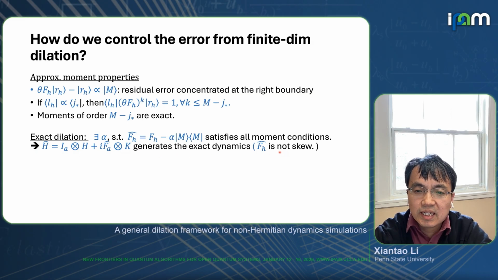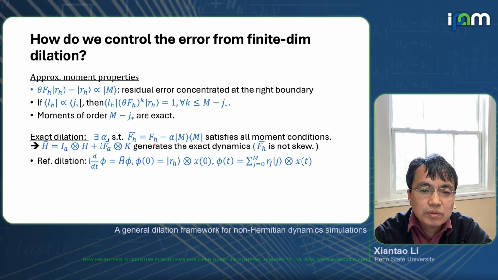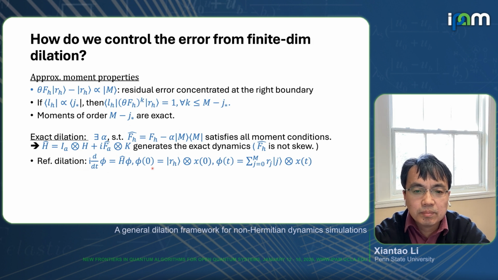The only caveat is that this matrix here is not skew-Hermitian, but almost skew-Hermitian. There is only one extra term at the boundary. That being said, you can use this to set up a reference dynamics. All right, and so if you solve this dynamics with this H hat, you're going to produce the exact solution.